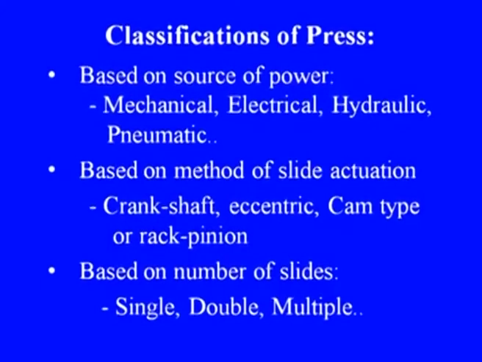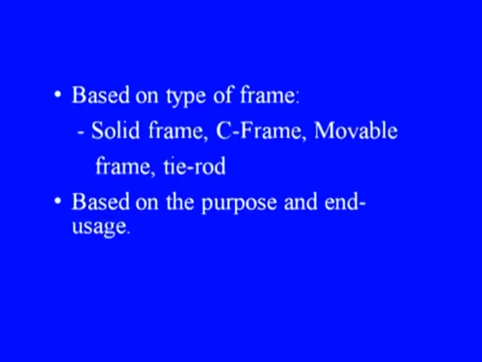Presses can also be classified based on number of slides, for example, single, double, multiple. Then presses are also classified based on type of frame, for example, solid frame, C frame, movable frame, tie rod, etc. They are also classified based on the purpose and end uses.